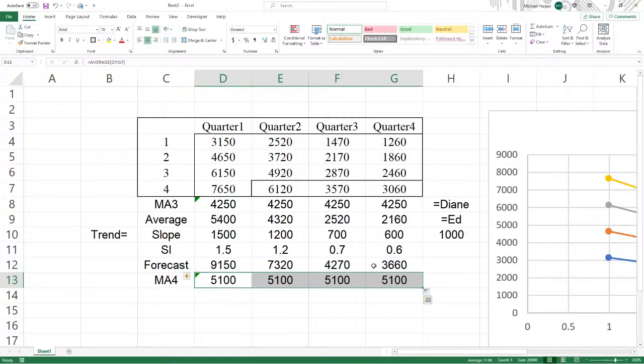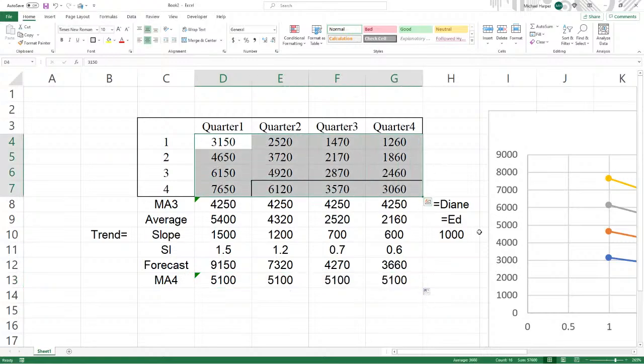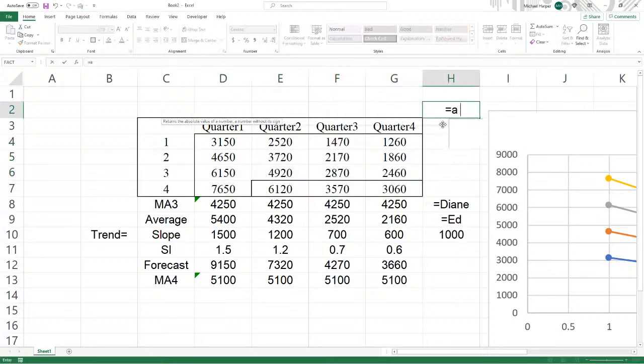Now, what you could do is say, okay, what's the estimate averaging all the numbers? But they didn't ask for that. But if they did, then I would put it up here. I would say, what's the average of all the data?